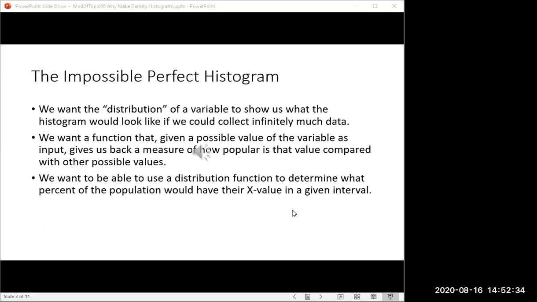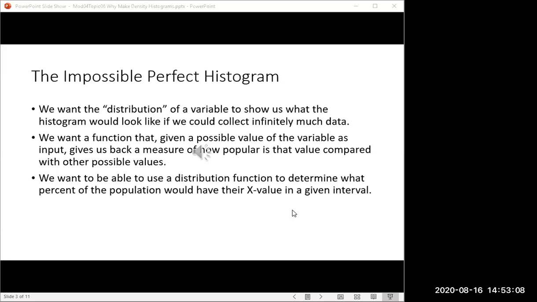So we want the distribution of a variable to show us what the histogram would look like if we could collect infinitely much data. And we want a function where you give it an x value, a possible value of the variable. So if you're looking at the distribution of the weights of football players, you give this function a weight, and it gives you back a measure of how popular that weight is compared with other weights.